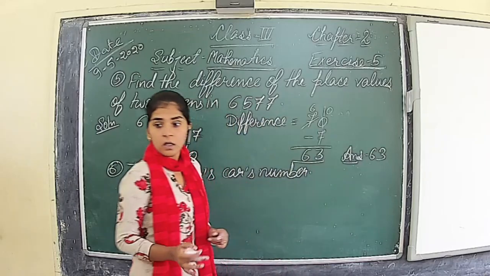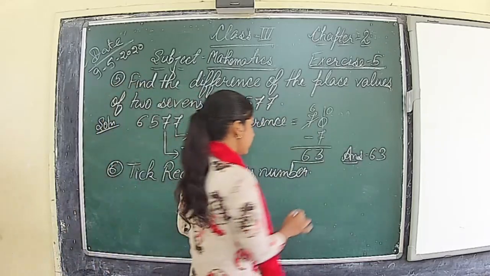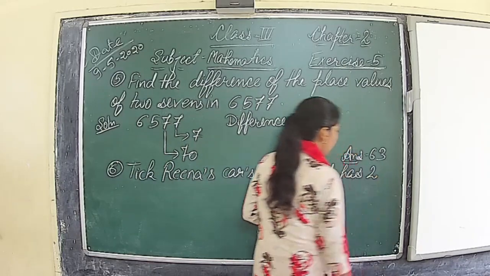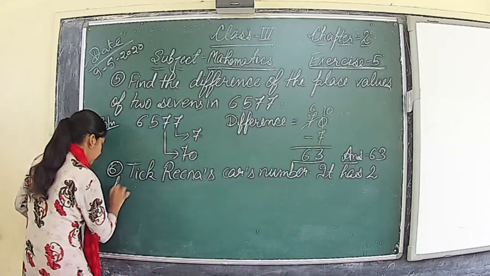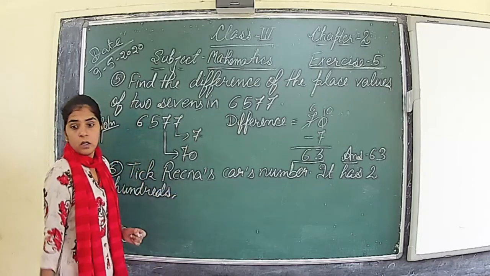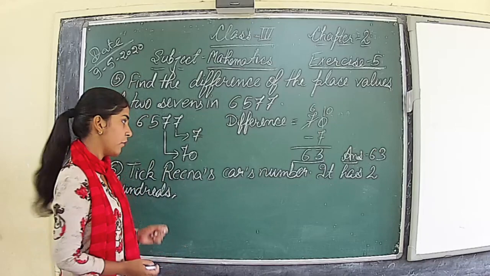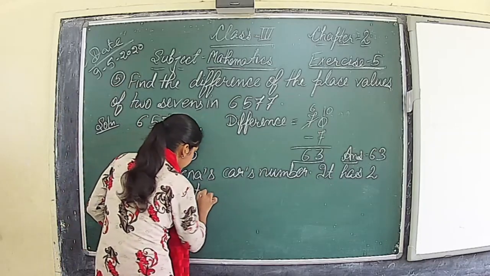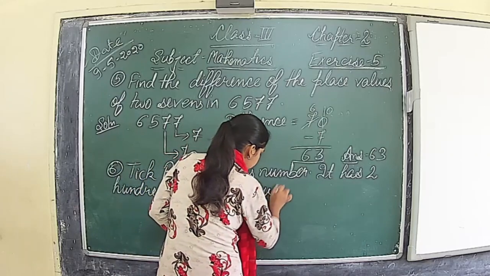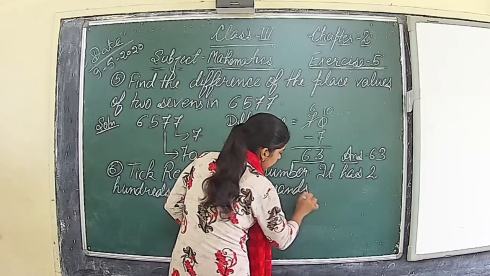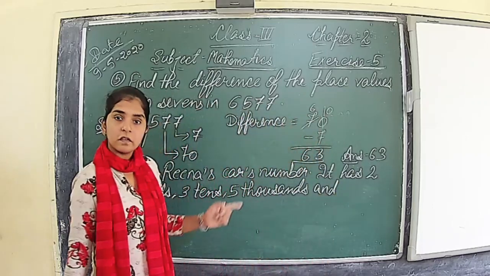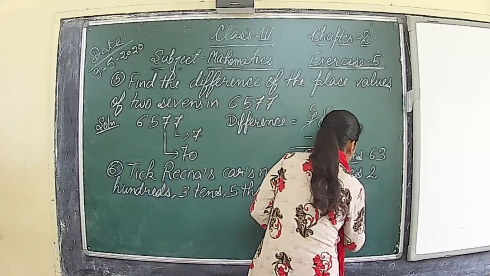It has 200, three tens, 5,000 and 6 ones.